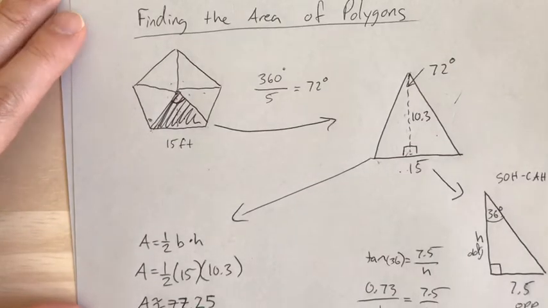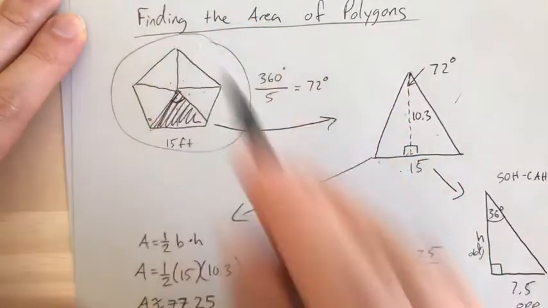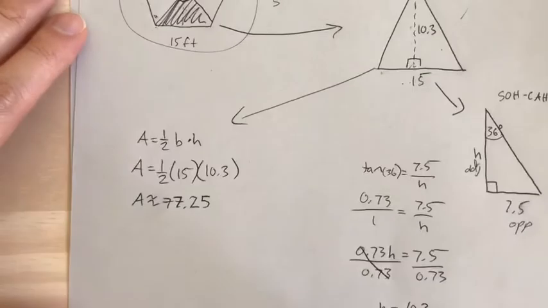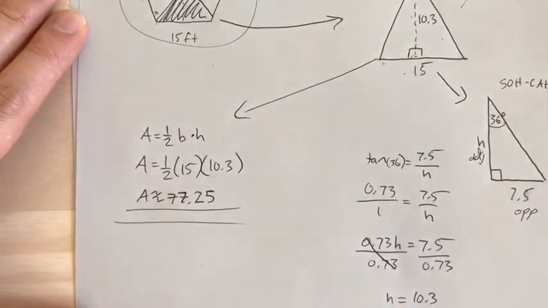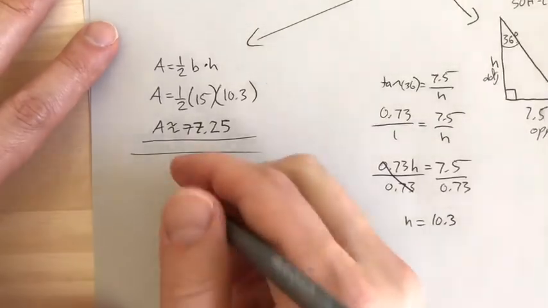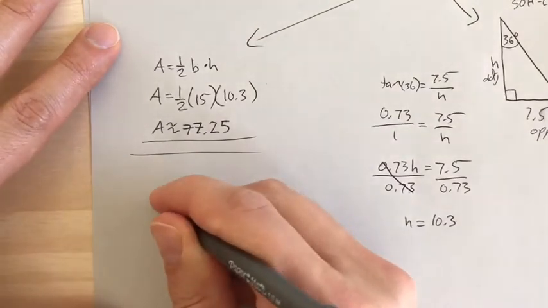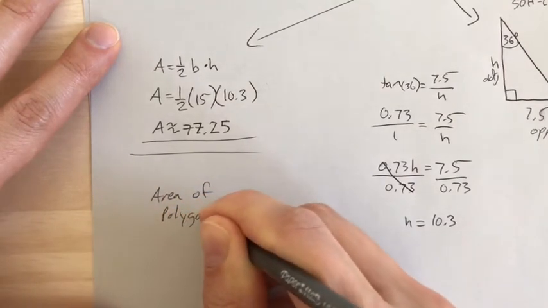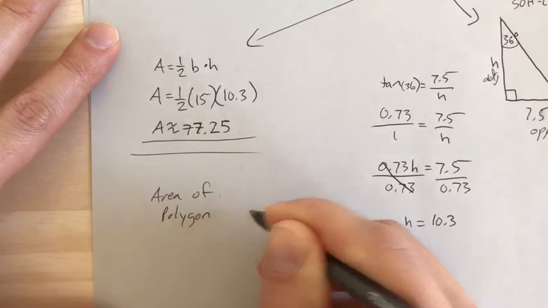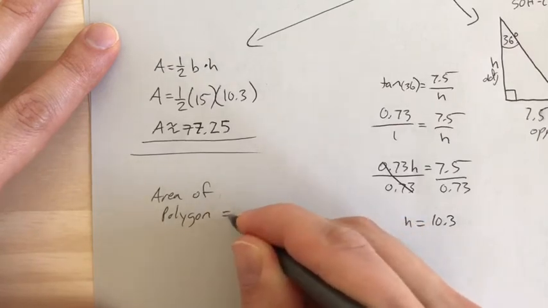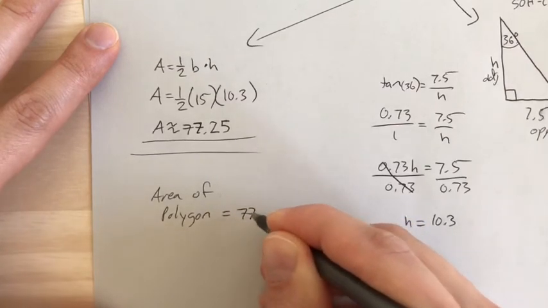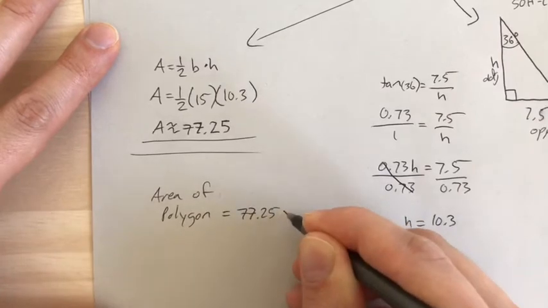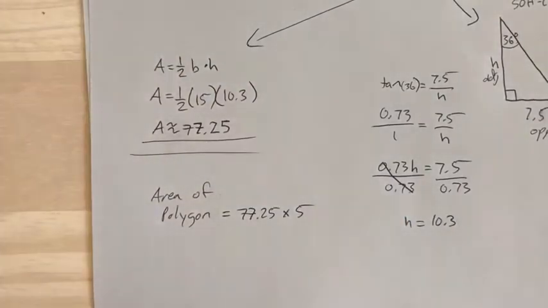So, if you guessed it, what I'm going to do to get the entire area of this polygon is I'm going to take the area of one triangle and I'm going to multiply that by 5 because there are 5 of those triangles. So, my final answer, the area of the polygon, would be taking the area of one triangle, which would be 77.25, and multiplying it by 5, because there are 5 of them.